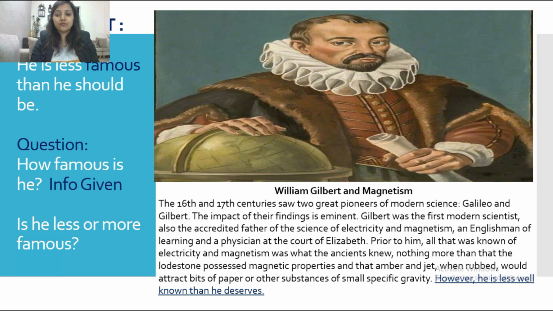The information is given about whether he is a well known scientist or pioneer. So if the information is given, we'll be discarding the not given option, and now we'll have two options, true or false. So now it's time to relate the statement with the sentence given in the passage.